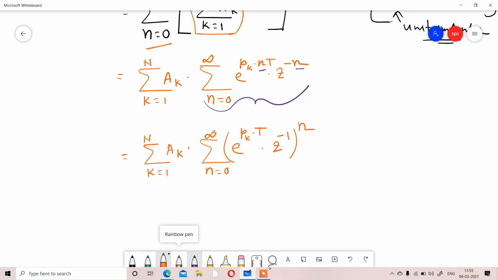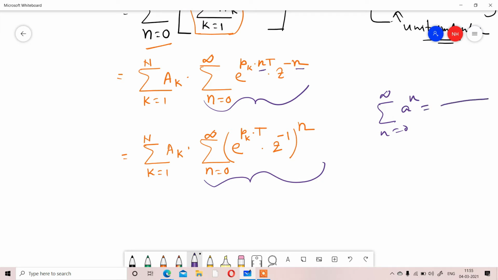Okay, so what is the meaning of that parameter? Summation n equal to 0 to infinity a to the power n defines the value 1 by 1 minus a.